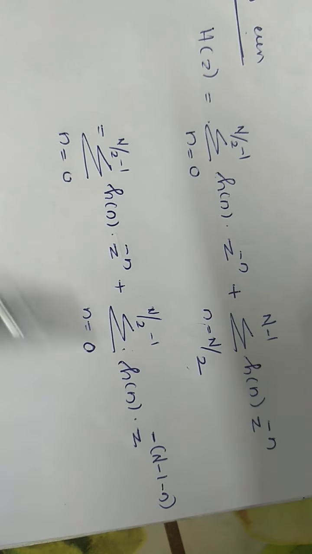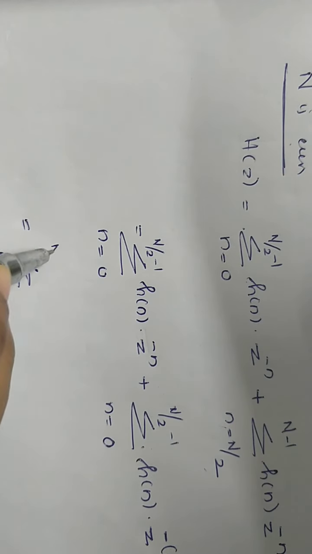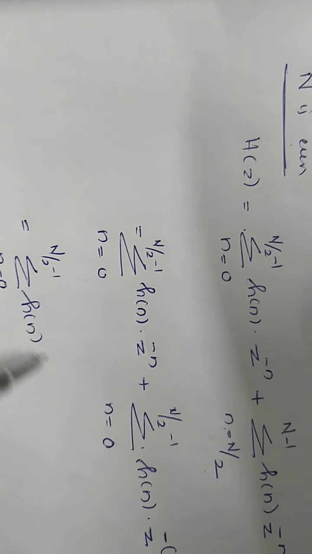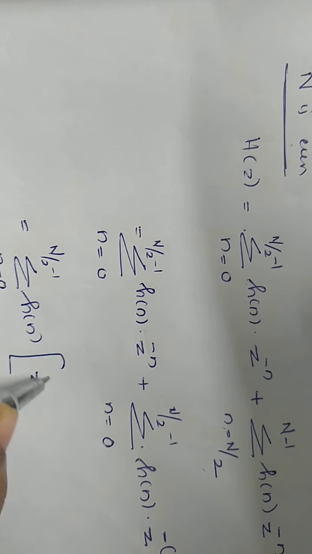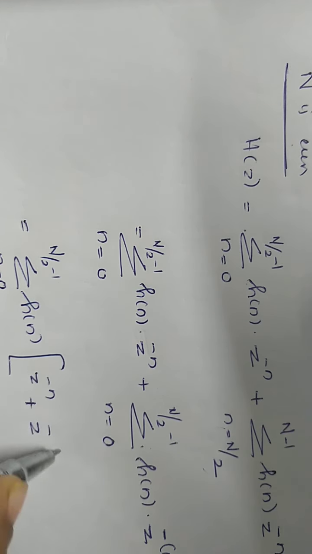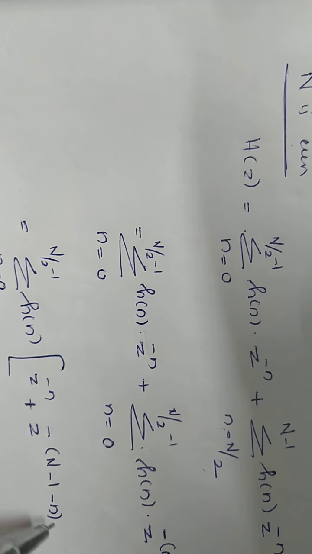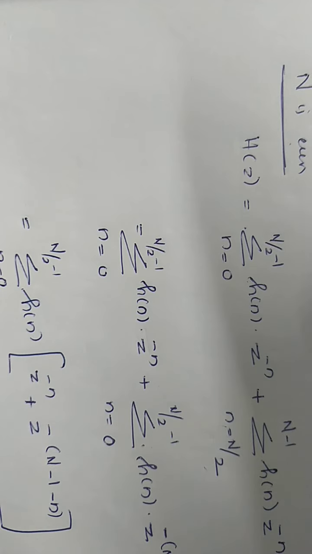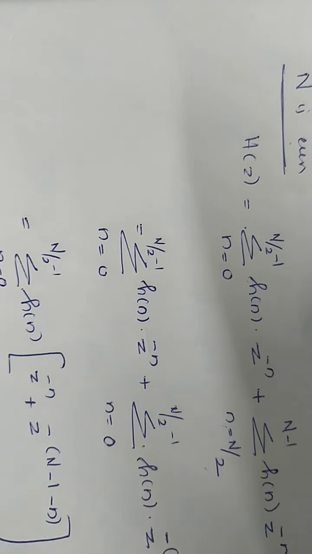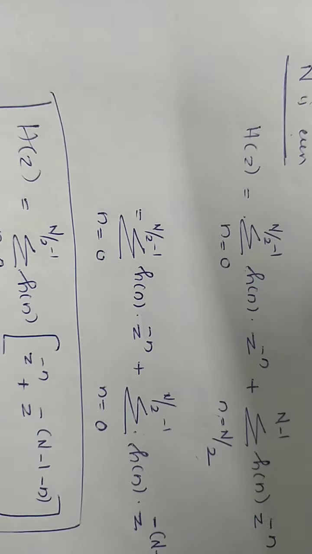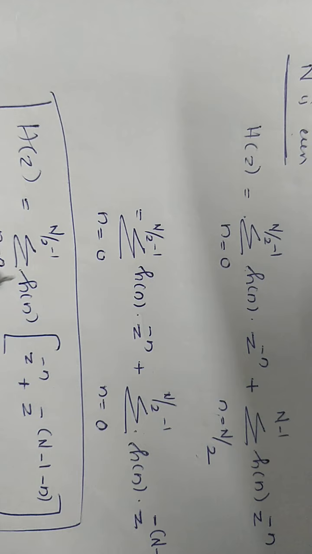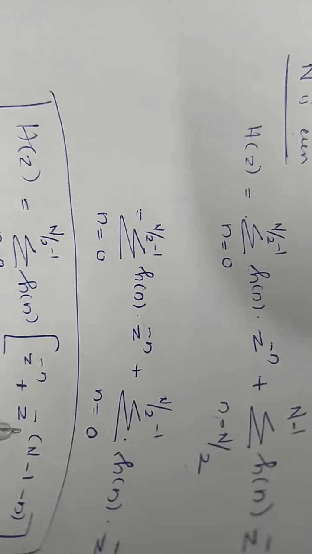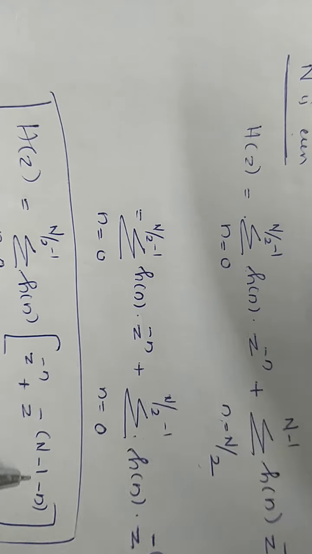Then taking sigma n is equal to 0 to N by 2 minus 1 h of n as common, I am getting z raised to minus n plus z raised to minus of N minus 1 minus n. This is the equation for when N is even. H of z is equal to sigma n is equal to 0 to N by 2 minus 1 h of n times z raised to minus n plus z raised to minus of N minus 1 minus n.